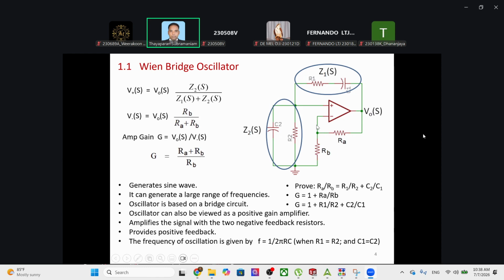There is another limit set by the inverting input current. We have to see how much current this op amp takes through its inverting and non-inverting input.